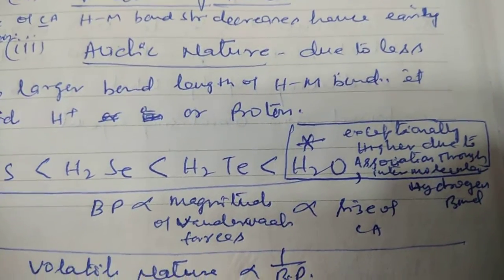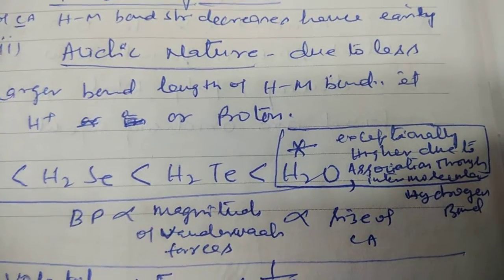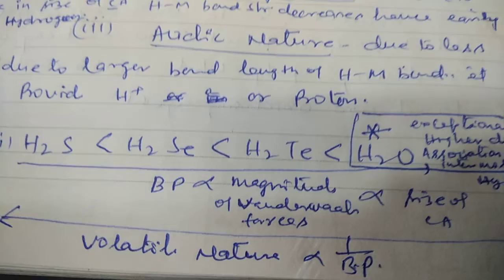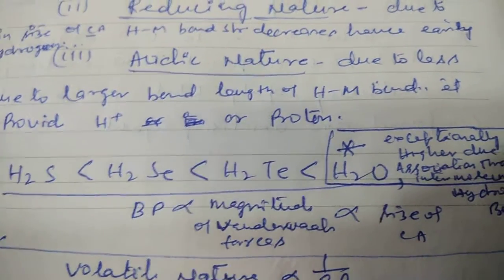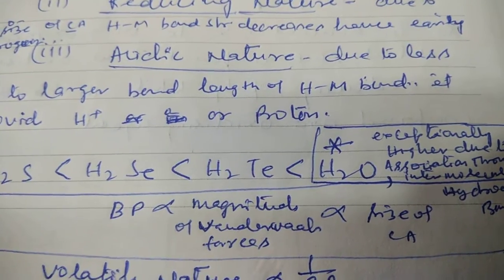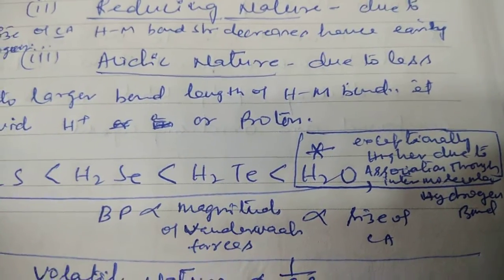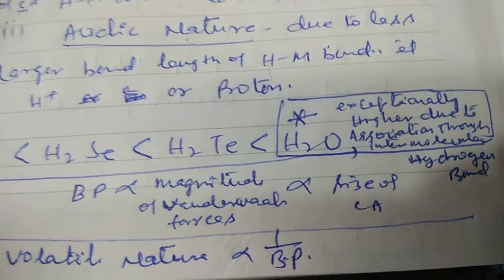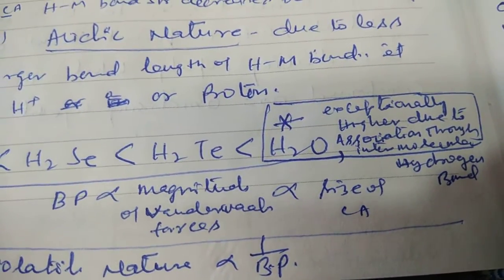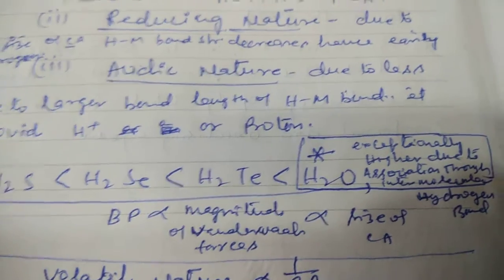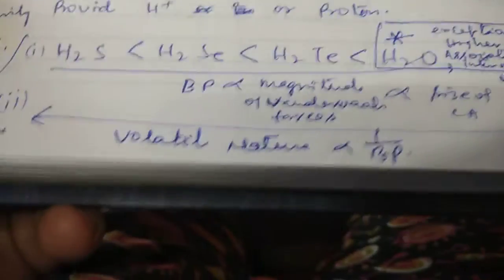So boiling point is directly proportional to the magnitude of van der Waals forces. This is for the rest of the members like H2S, H2Se, H2Te. But in case of water, these van der Waals forces plus hydrogen bonds, the extra forces, increase the boiling point of water exceptionally.